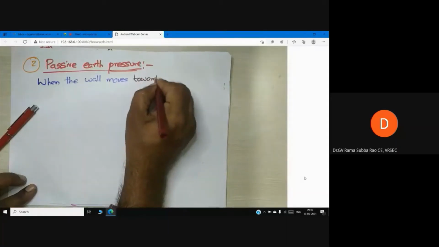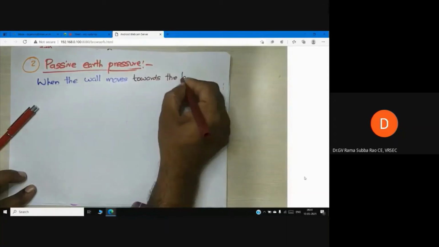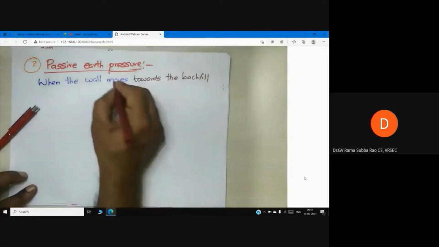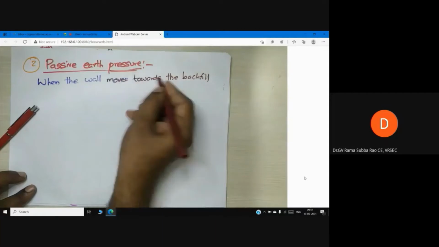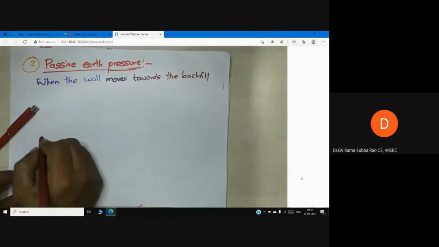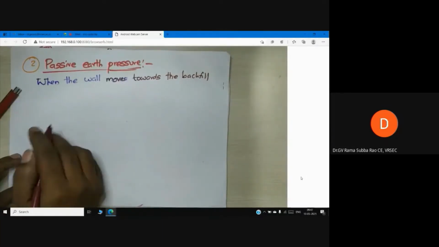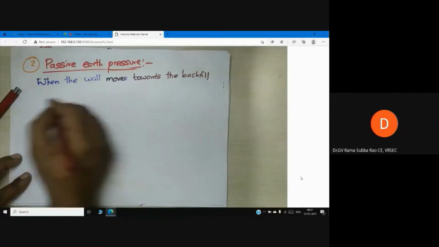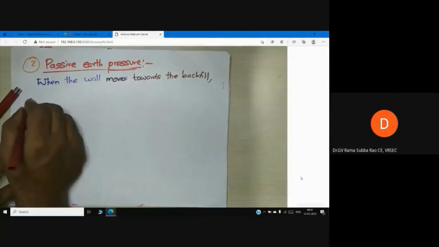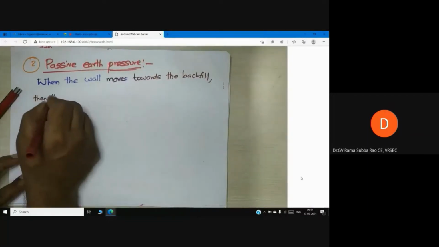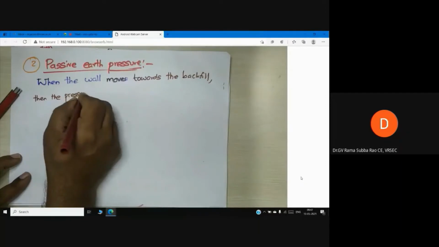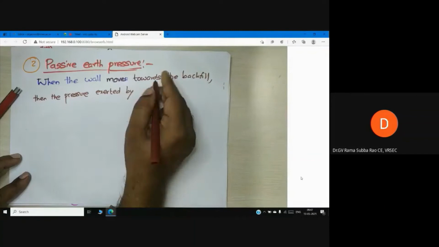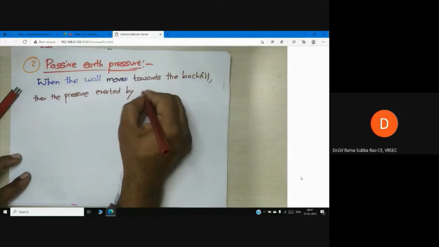When the wall moves towards the backfill, then the pressure exerted by backfill.